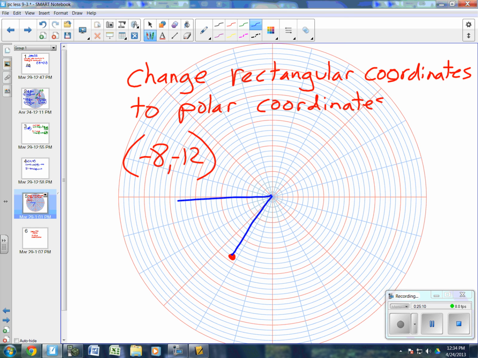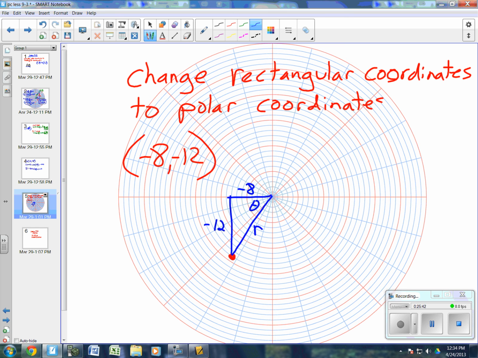We have this angle theta right here, and we have the distance negative 12 here, and this distance negative 8 here. And I need to know r, right? Let's talk about r first.